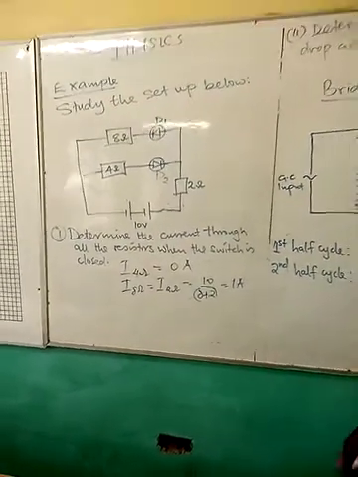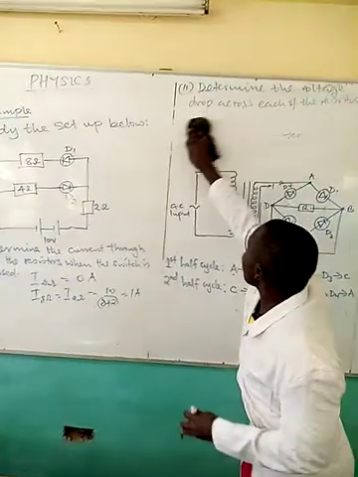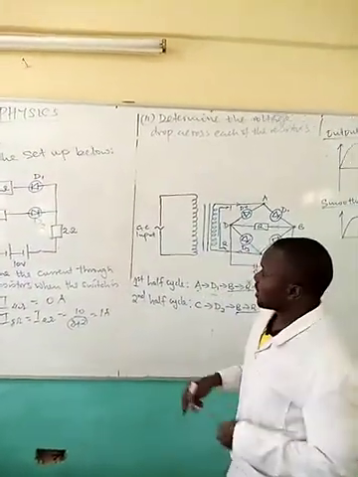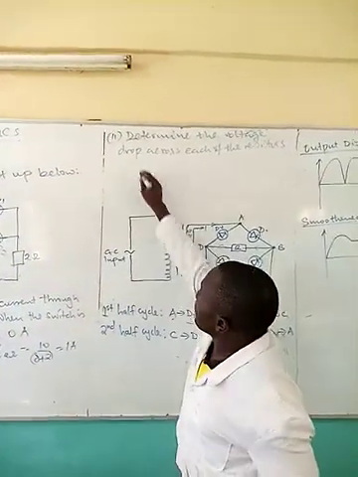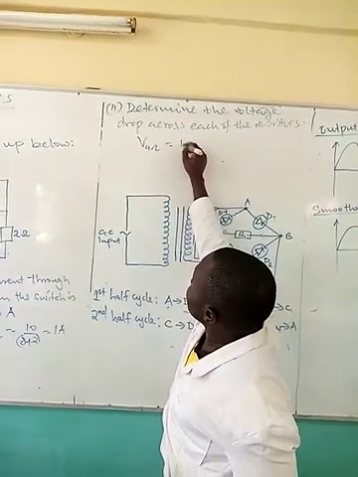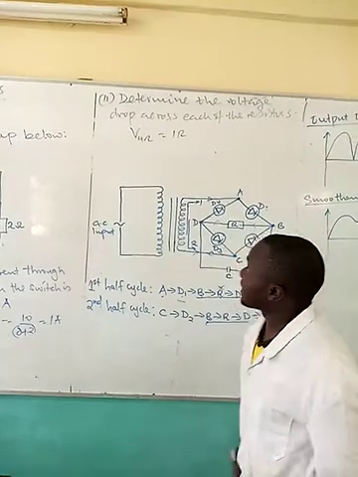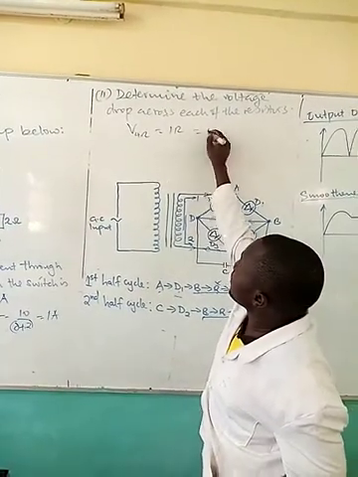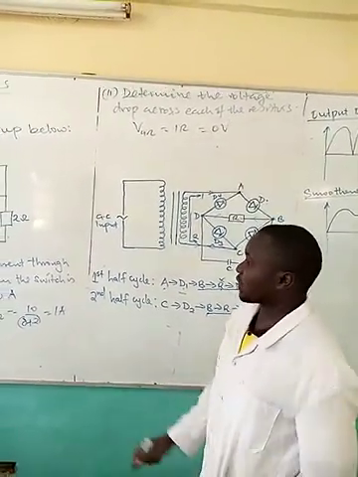Then the second part, they want something to do with the voltage. Now, for the 4 ohm resistor, voltage is going to be the current through it times the resistance, but the current through it is 0, so the voltage is also going to be 0.